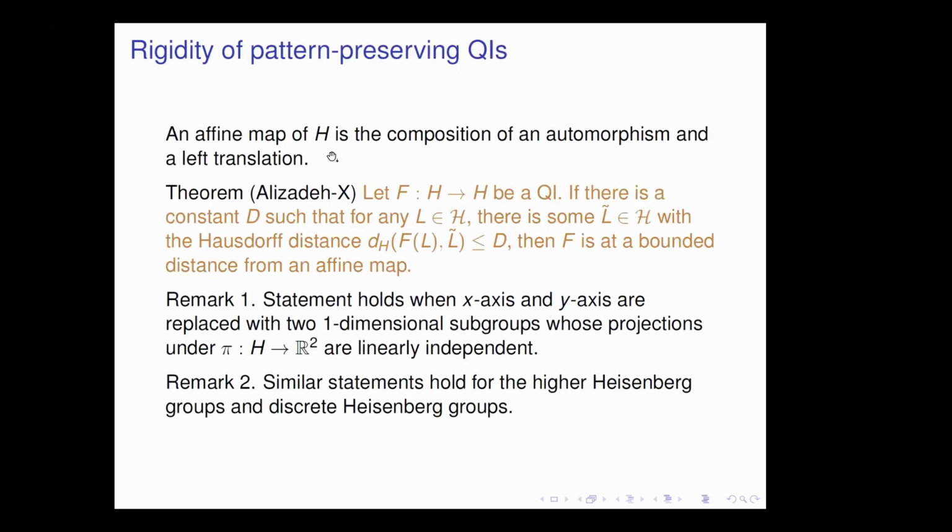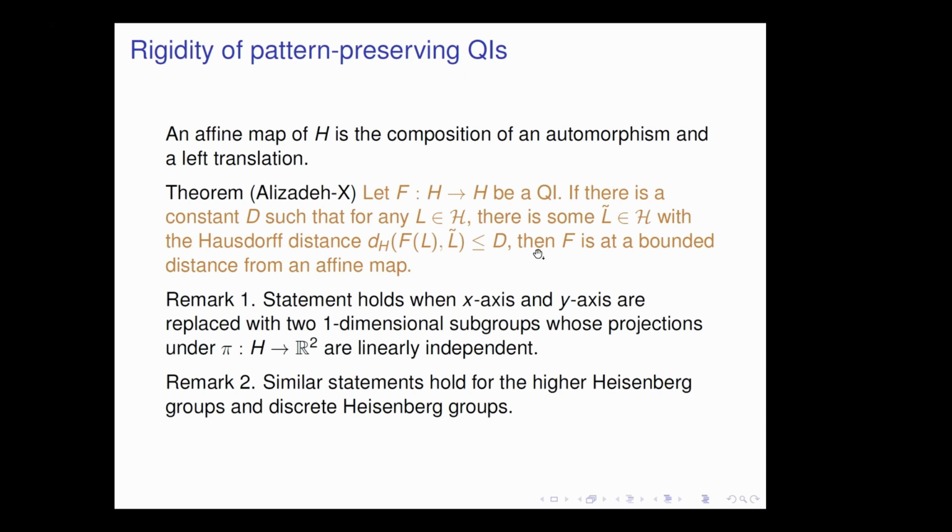An affine map of the Heisenberg group is the composition of an automorphism and a left translation. So the main result is the following. We start with a quasi-isometry of the Heisenberg group. Now suppose there's a constant d such that for each left coset of the x-axis or the y-axis, its image is at Hausdorff distance at most d from a coset of the x-axis or y-axis.